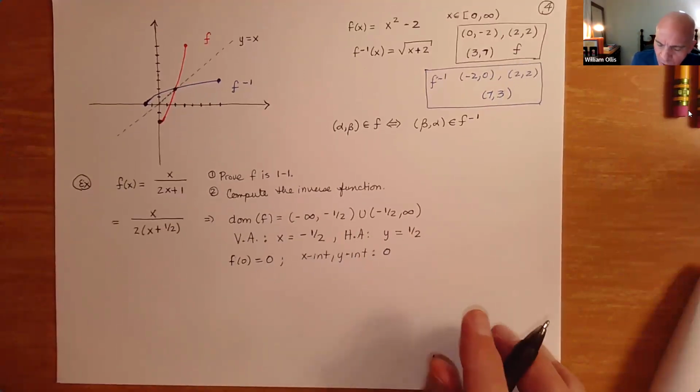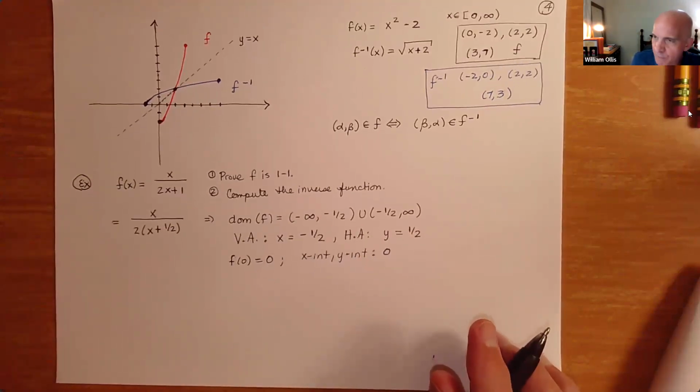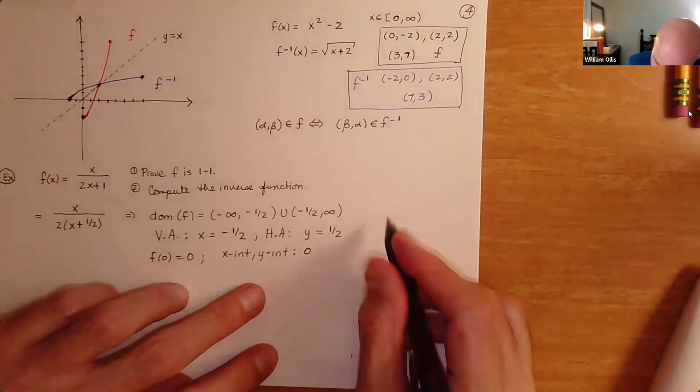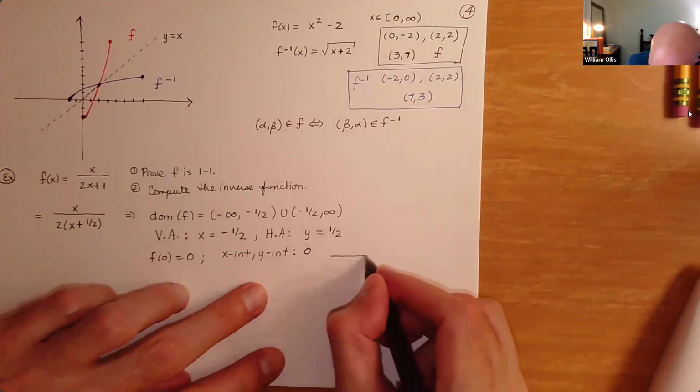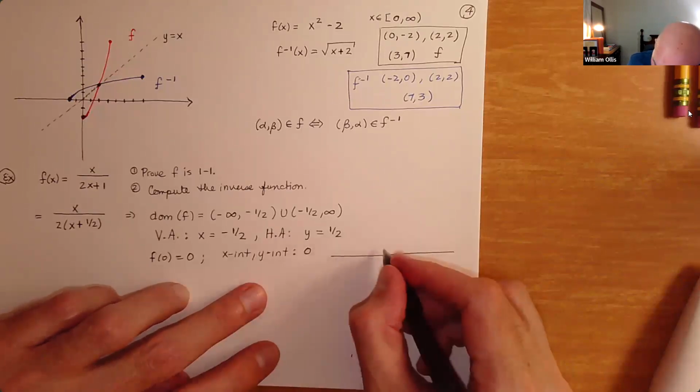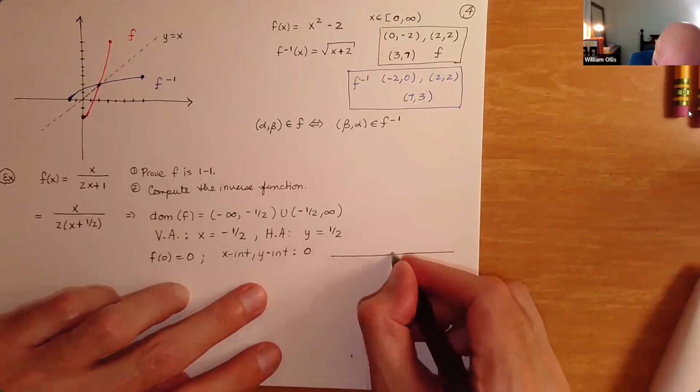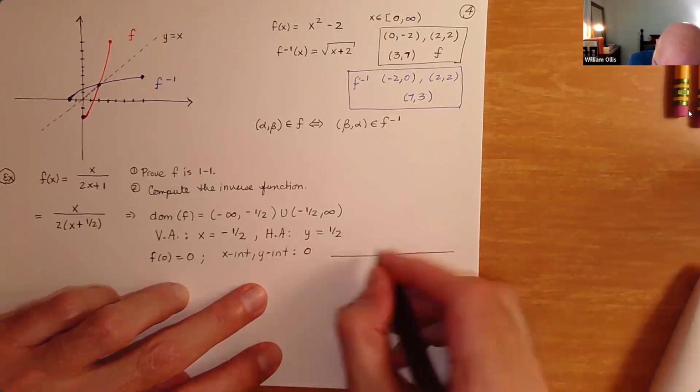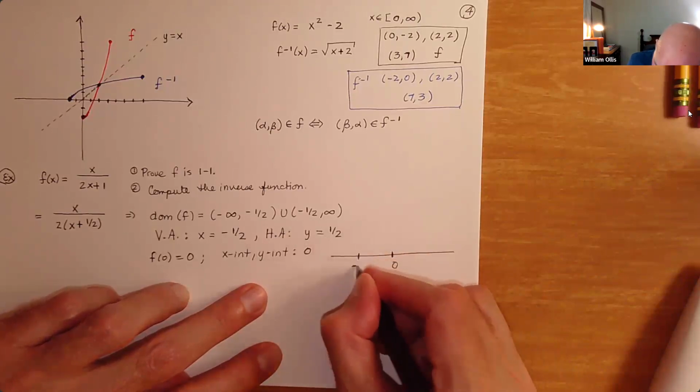So when we look at this, we've got some fairly simple ideas going on here. And we're thinking if we did our little sign test, again, we had the x-intercept of 0, and then we have the -1/2. We'll spread this out so it's easy to see.